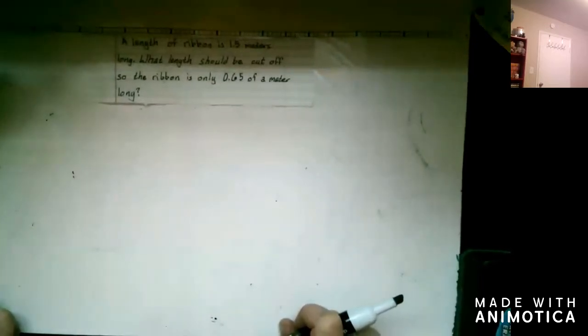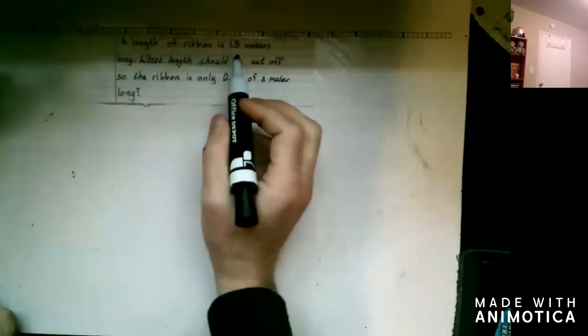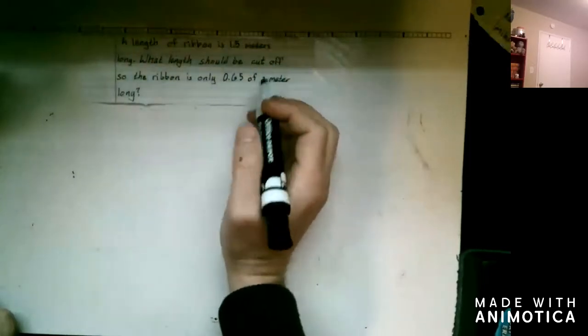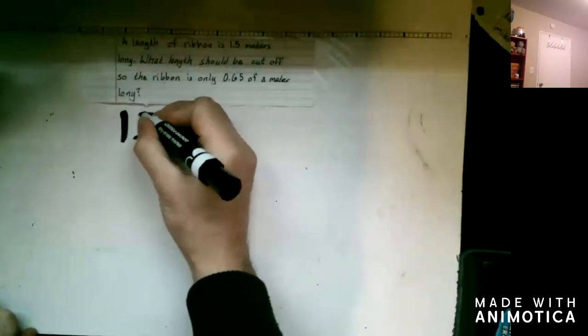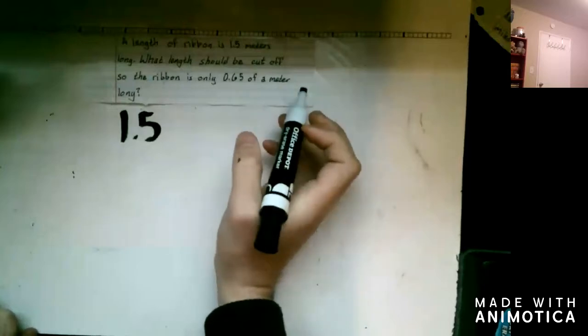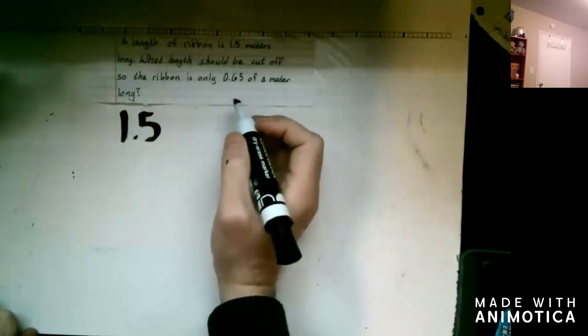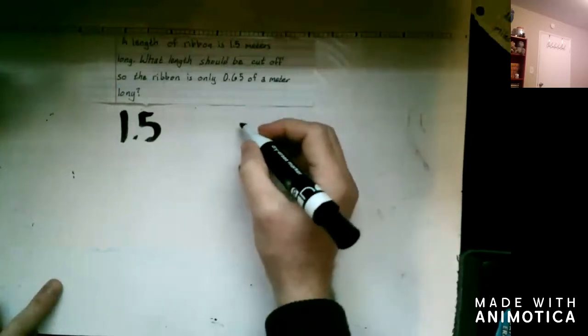And to do that, I'm thinking, what do I start with? What changes? And what do I end with? A length of ribbon is 1 5/10 meters long. I'm starting with 1 5/10.